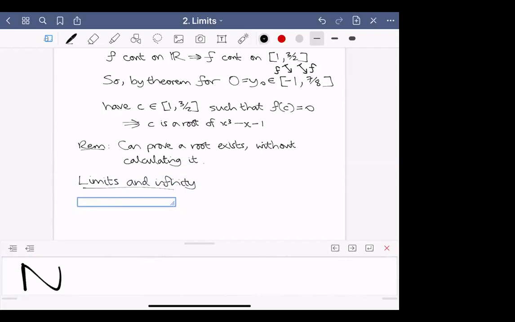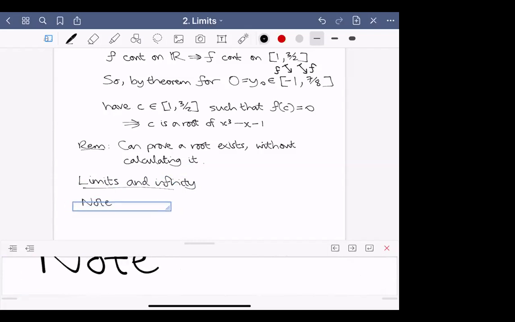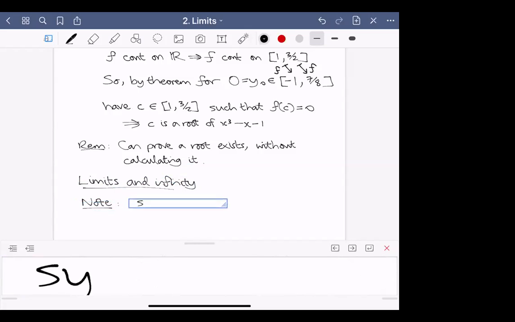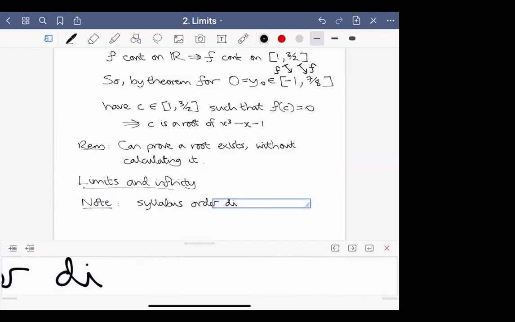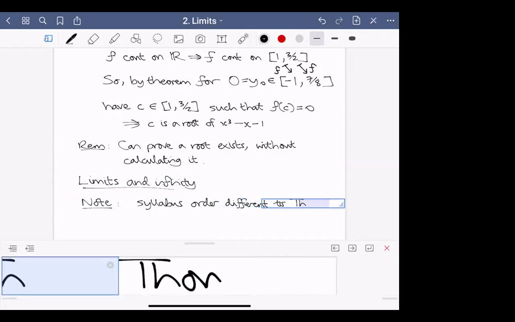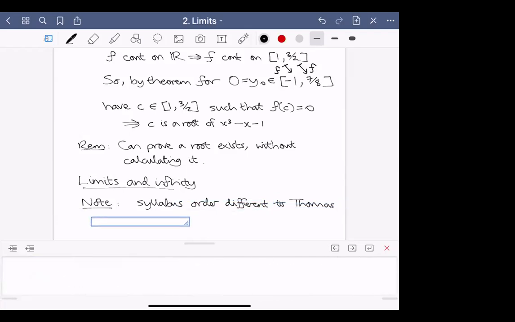So note here the order in the syllabus, which is on Learn, is different to Thomas, 11th edition here.